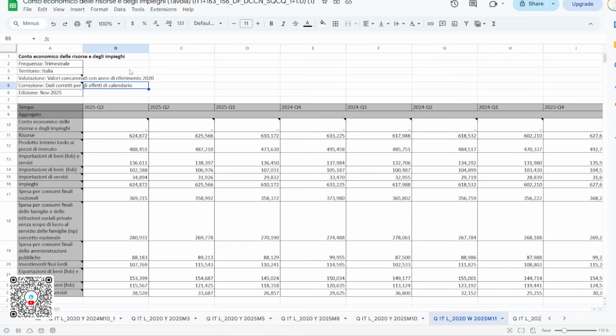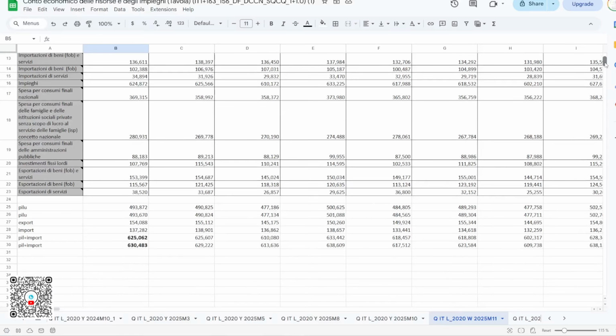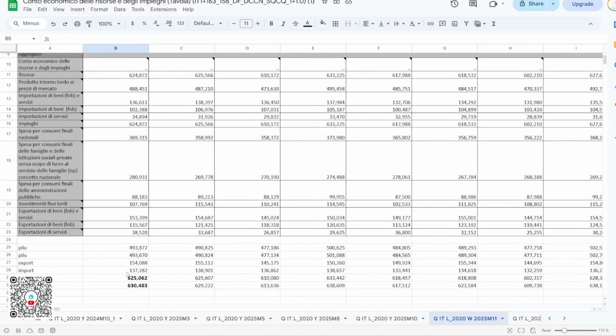There may be some months that have a working days difference with the previous year, and so forth. That's another complicated thing. But I did the same calculation. You see here the resources are 624 billion, and if we sum this and this, we get 625 billion. So the sum does not equal the total.